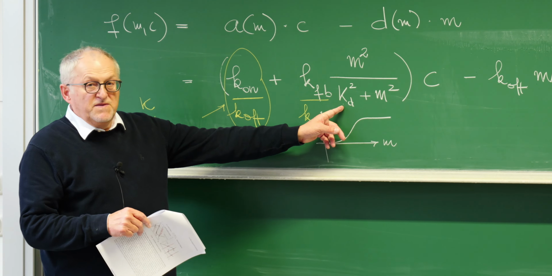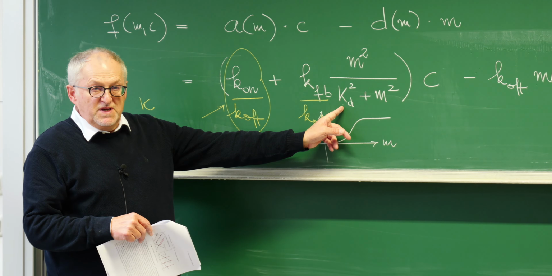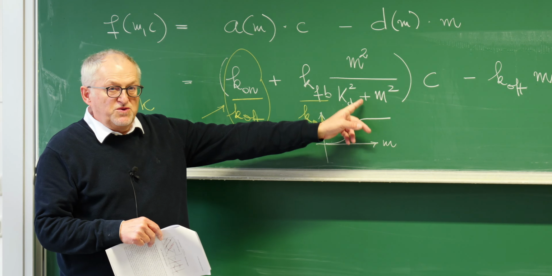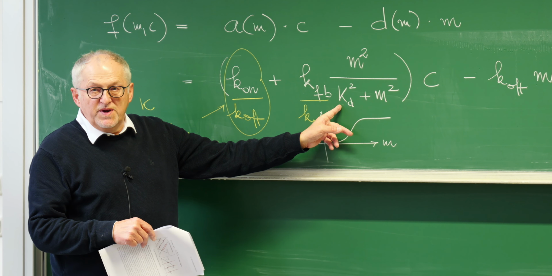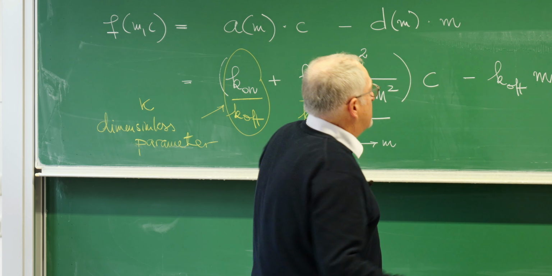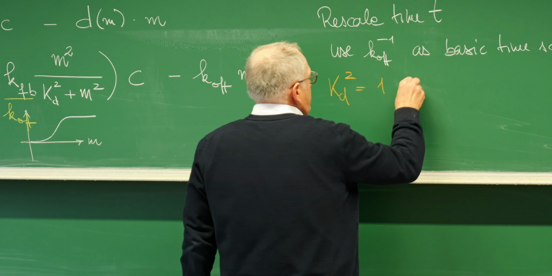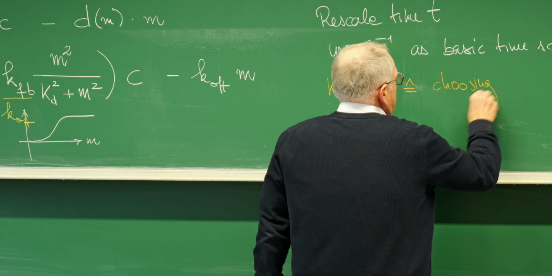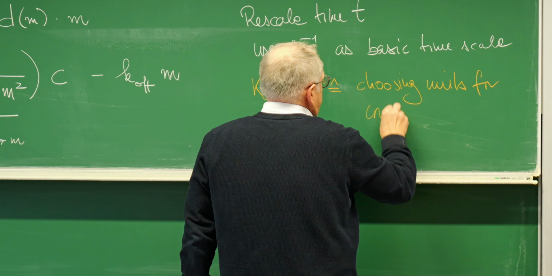Now, if you look here, we have another choice that we can make. Do you see it? We can choose the units in which we measure membrane concentration. So we can just put KD squared equal to 1, and that corresponds to choosing units for concentration.